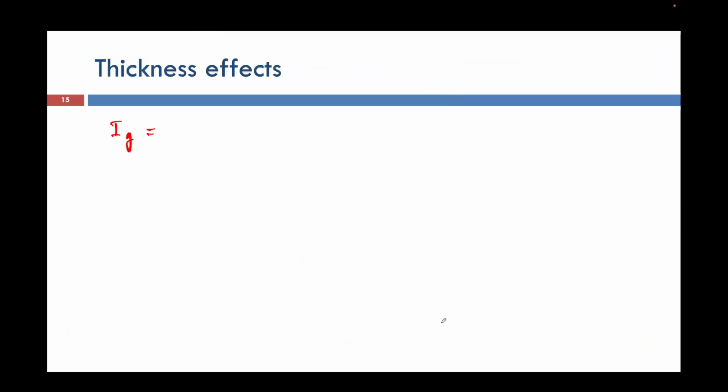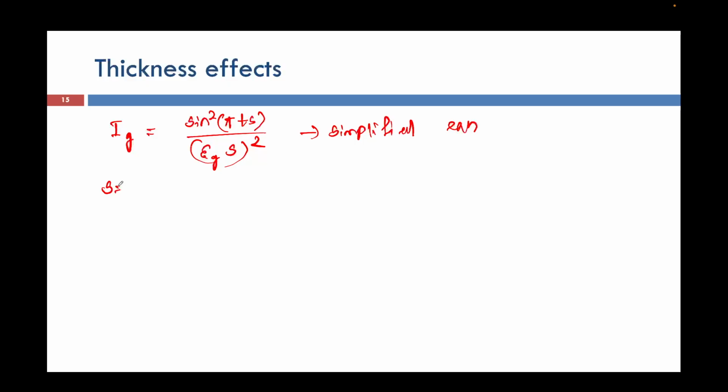Just remember, Ig is sine square pi t s divided by extinction distance s square, and this is an extremely simplified equation. Here S is nothing but the deviation parameter. Remember, in dynamical diffraction contrast we use S bar or S dash, the effective deviation parameter.